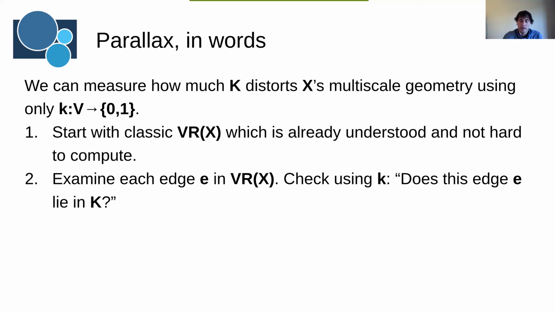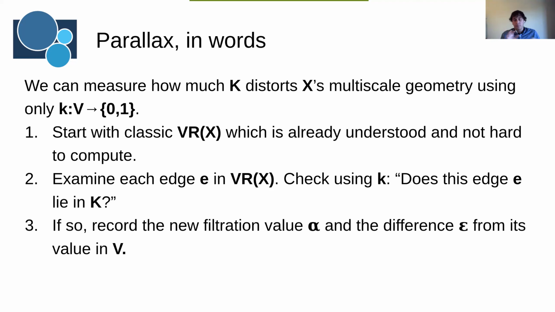But oftentimes the edge won't be in the model at the threshold at which it was before. In other words, and I'll show you a picture of this, you might have to increase the radius of the balls so that the balls' overlap on that edge is in the model. That's the idea here. So if the edge does lie in K, we'll record the new filtration value, the new radial parameter.